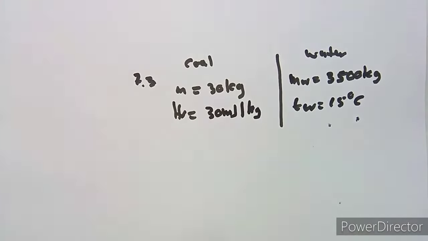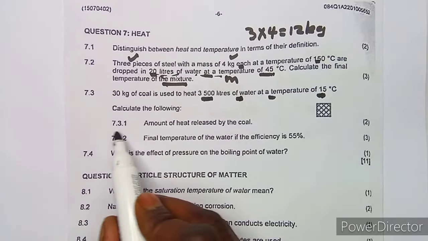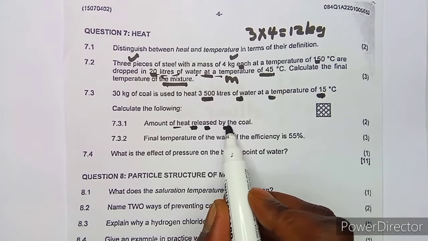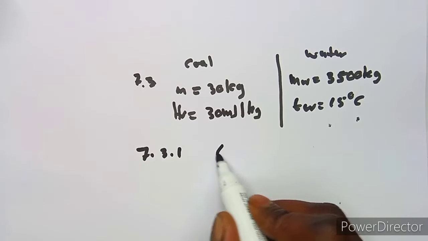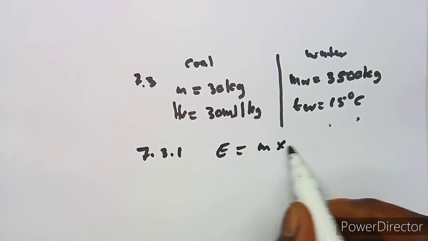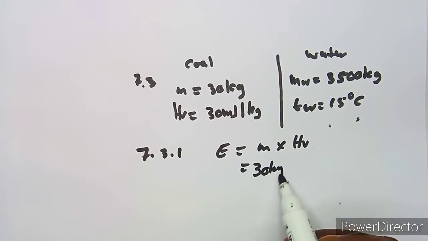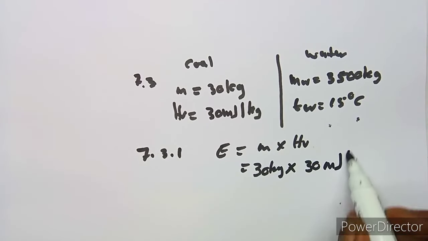Okay, anyways, on 7.3.1 the question is to calculate the amount of heat released by the coal. So this is heat on coal, which is energy, that's mass times the heat value. Okay, so the mass is 30 kgs, times the heat value, which is 30 megajoules per kg.